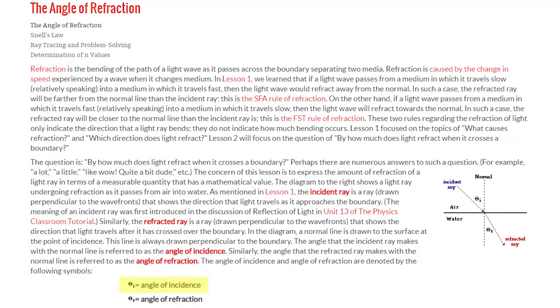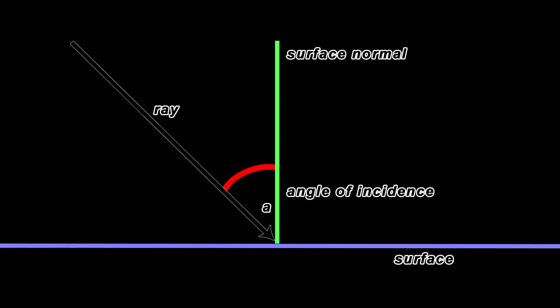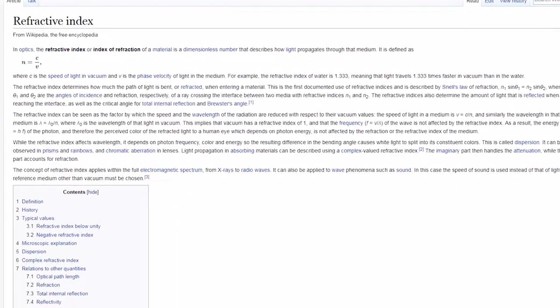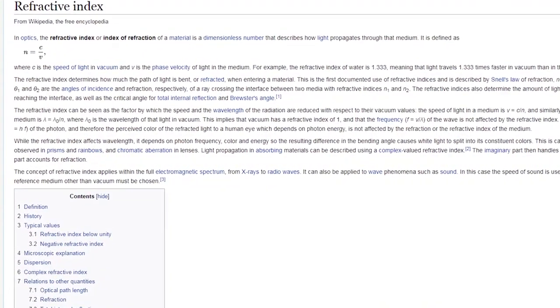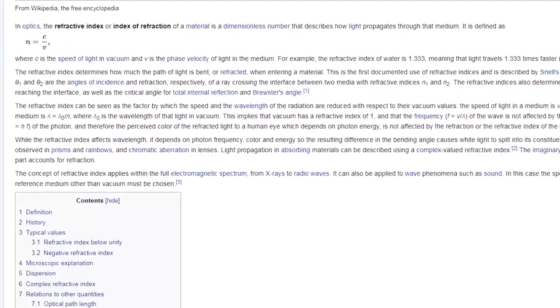The angle that light is traveling in relation to the media is called the angle of incidence. The greater the angle, the greater the bend. The refractive index of a medium is a number to specify how fast light will travel through it.